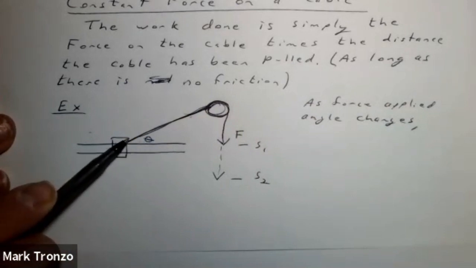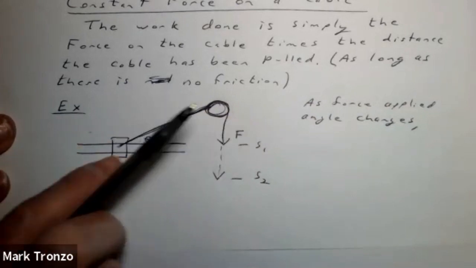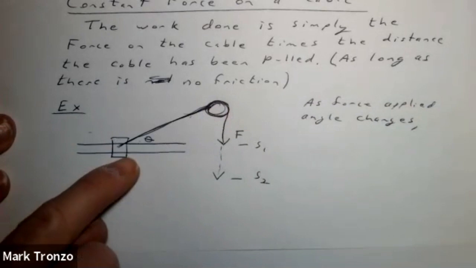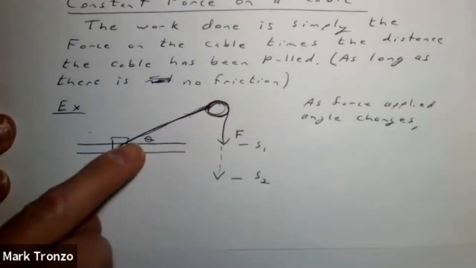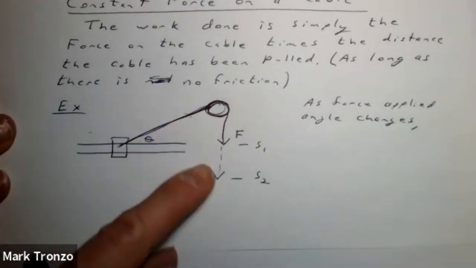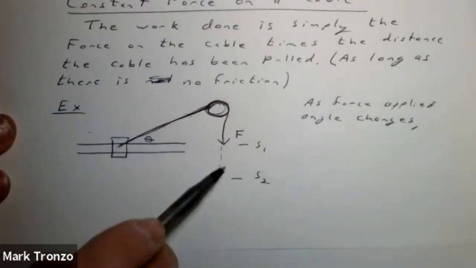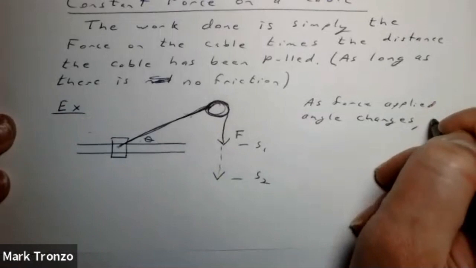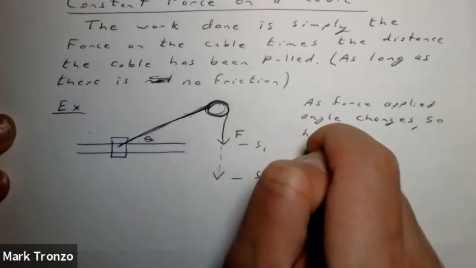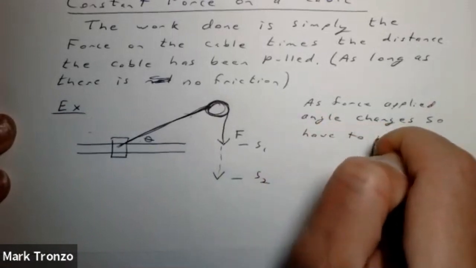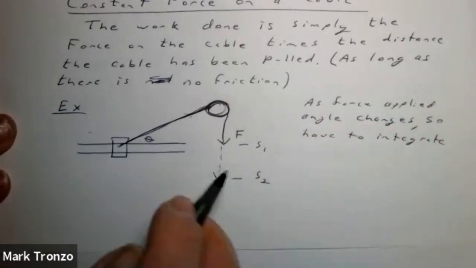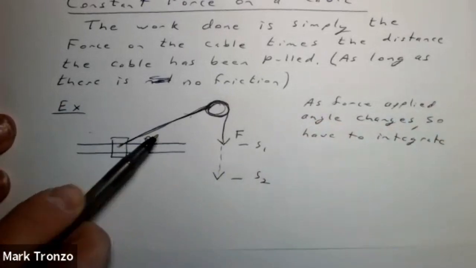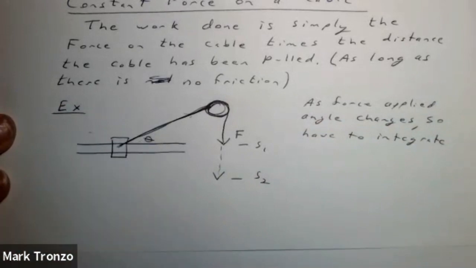But then when this goes farther to the right, this angle is going to change, and so the horizontal component is going to change. So the force is going to change depending upon that angle. It's going to constantly change as this is being pulled. So we would have to integrate, and it could actually get pretty messy, depending upon what the setup would be. And we'll see some examples later.